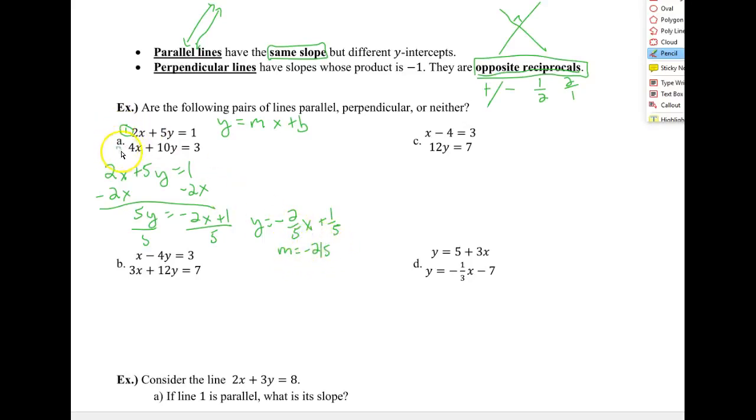Now let's look at this second line. I'm starting with 4x plus 10y equals 3. Same thing, I'm going to get rid of the 4x by subtracting it from both sides.